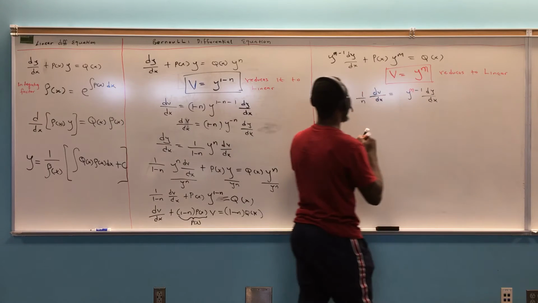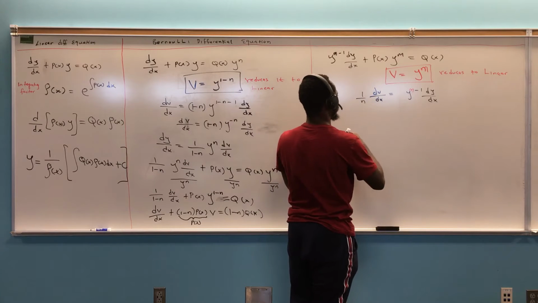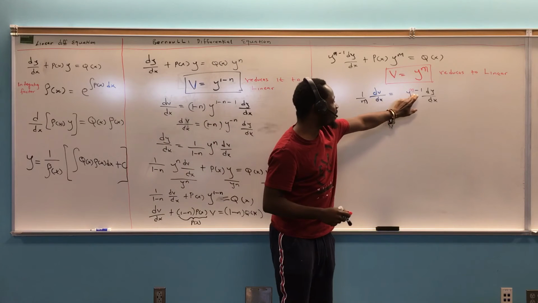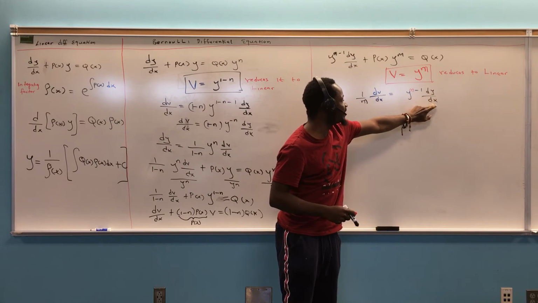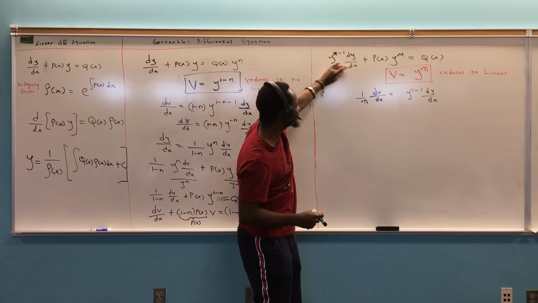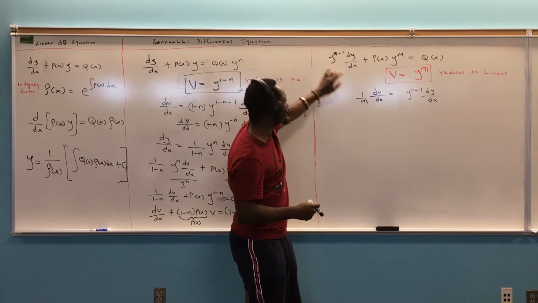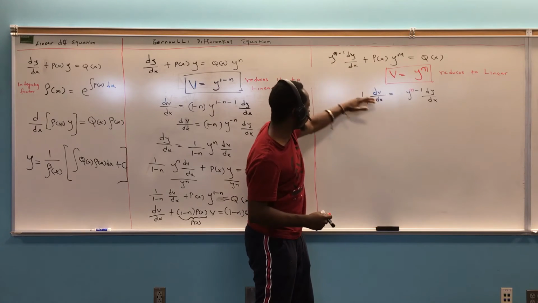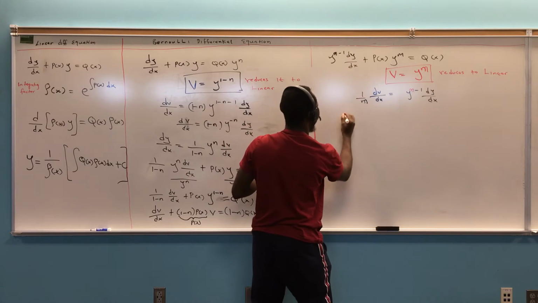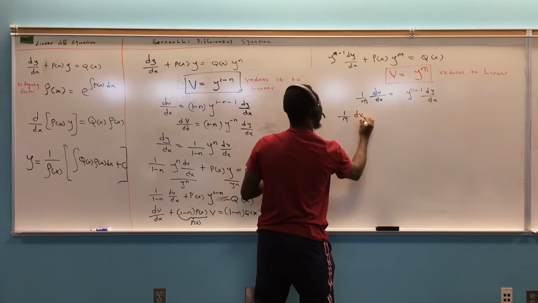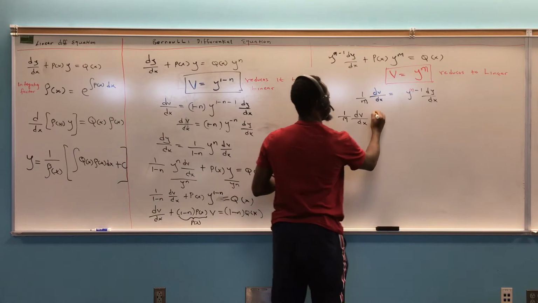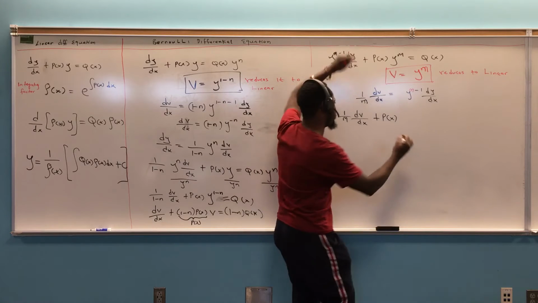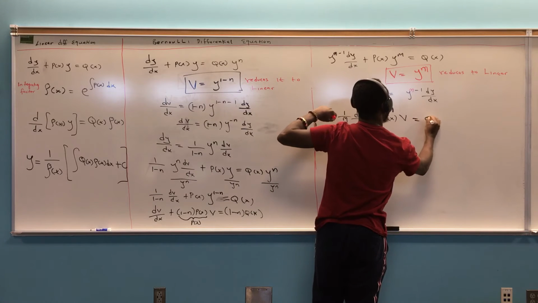What do you notice? Y to the m minus 1 dy/dx, I have it here. I will just replace all this with this because they are equal. So now I would have 1 over m dv/dx plus p of x. Instead of y to the m, I have my v, is equal to q of x.